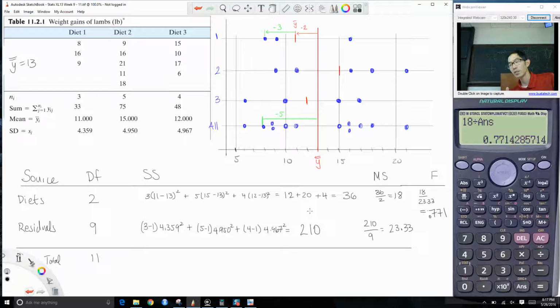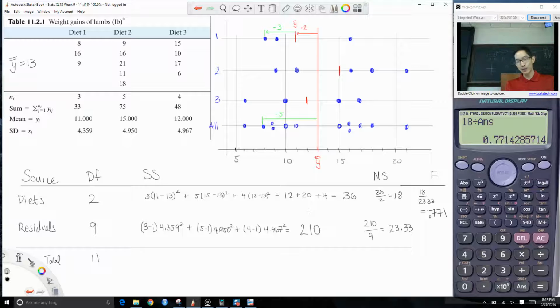I don't feel like trying to explain where the F table comes from. It's the distribution of basically the ratio between two distributions.